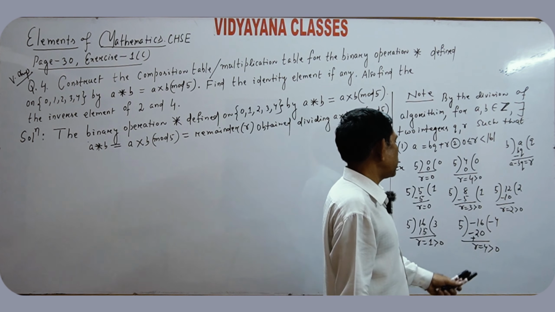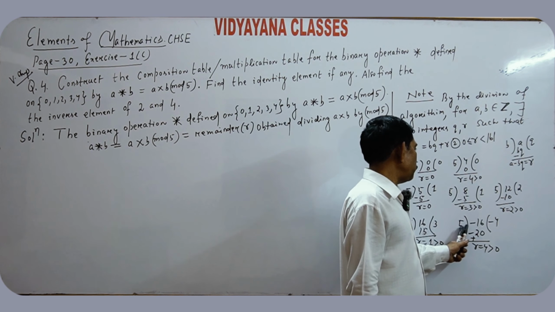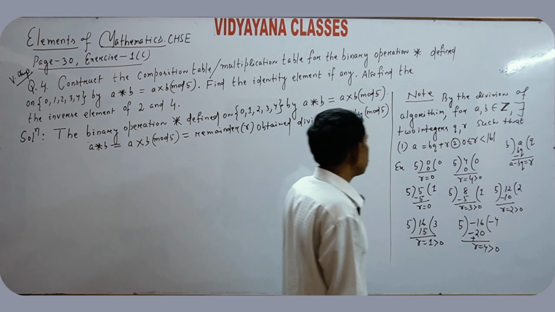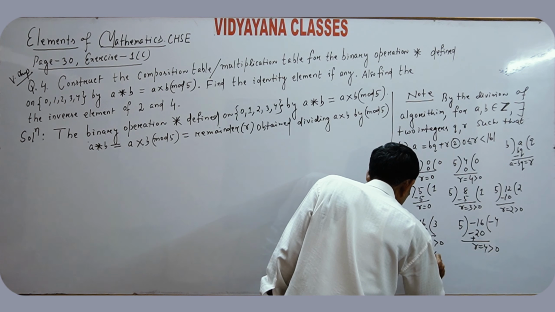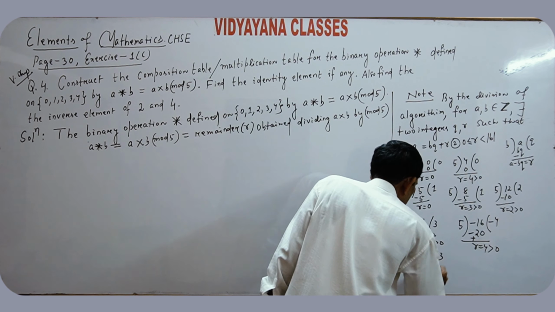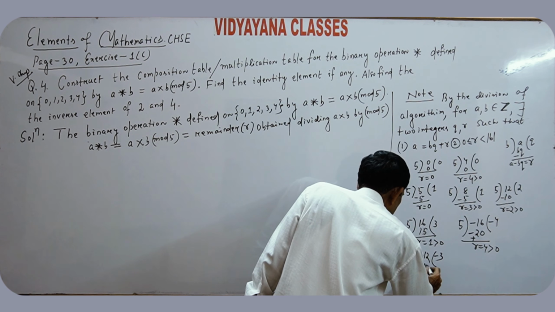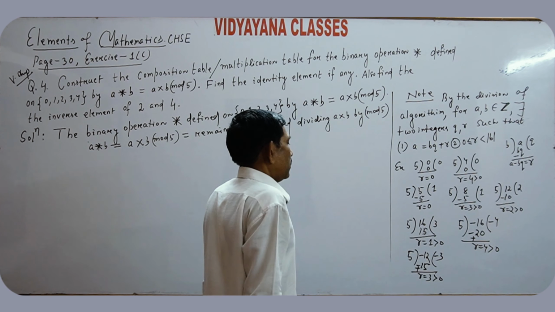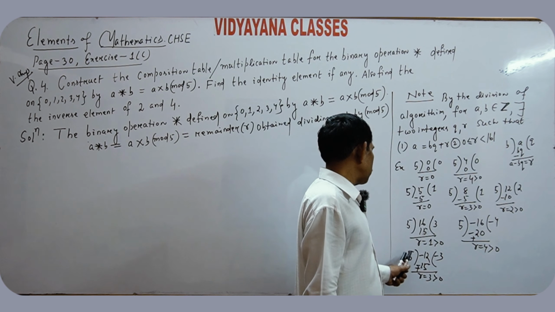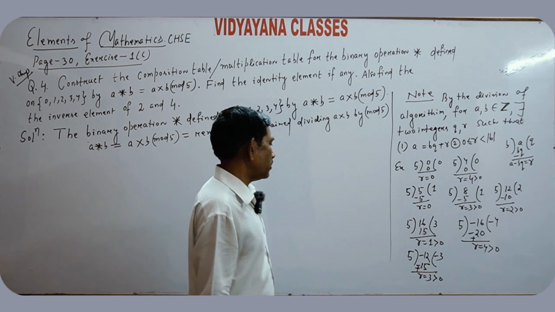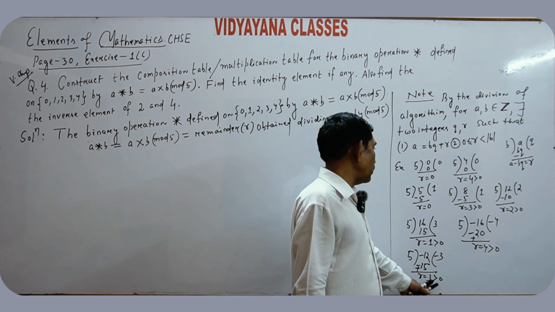If these two conditions are satisfied, minus 16 is equal to 5 into minus 4 plus 4, that is equal to minus 16. 5 divides minus 12, the quotient is minus 3, and the remainder r is equal to 3. Minus 12 is equal to 5 into minus 3 plus 3, that is equal to minus 15 plus 3, minus 12.